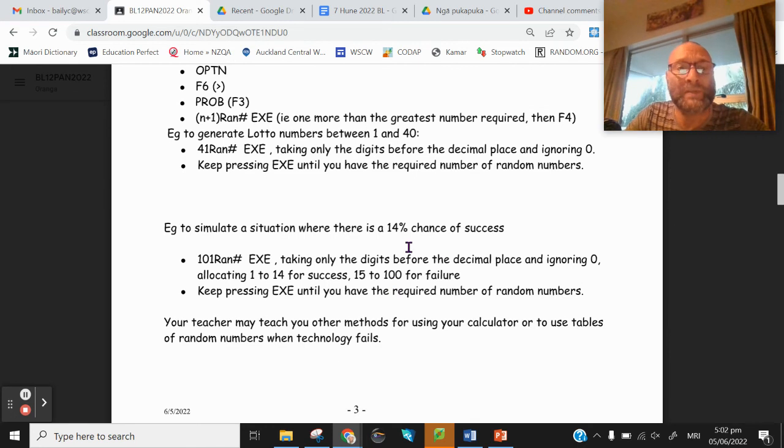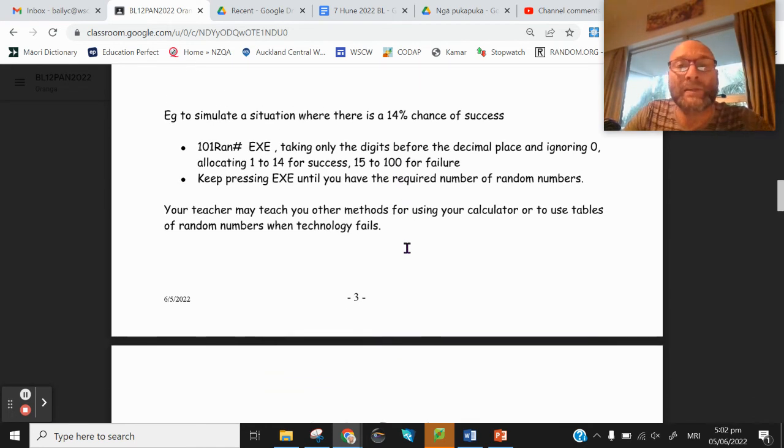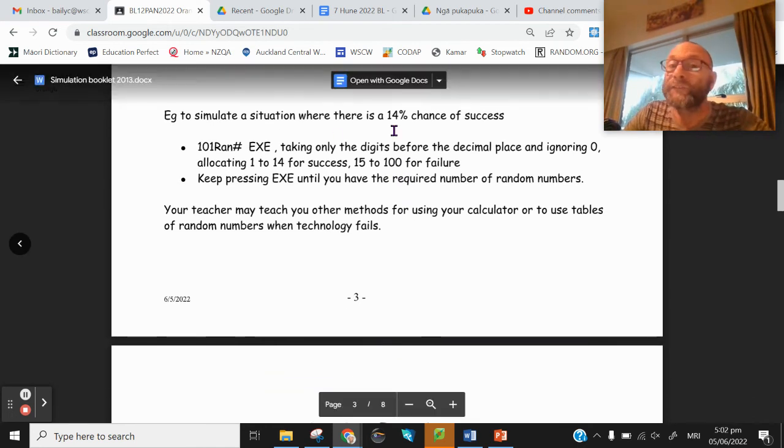Now, here's a little bit of notes and examples. Let's say we've got a situation where there's a 14% chance of success. Well, what that means is, if we're talking about a percentage, that of course means out of 100. So we're looking at the numbers from 1 all the way up to 100.